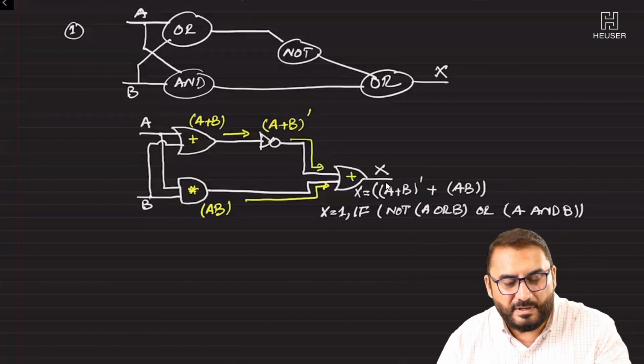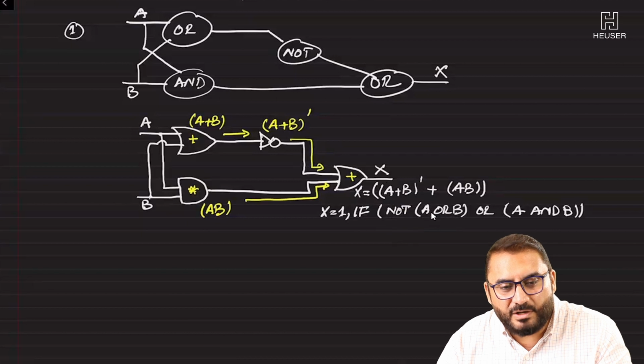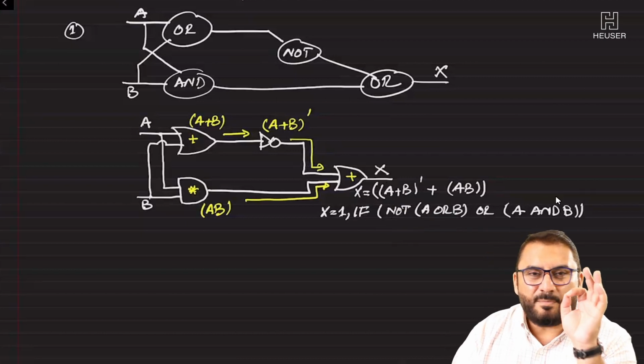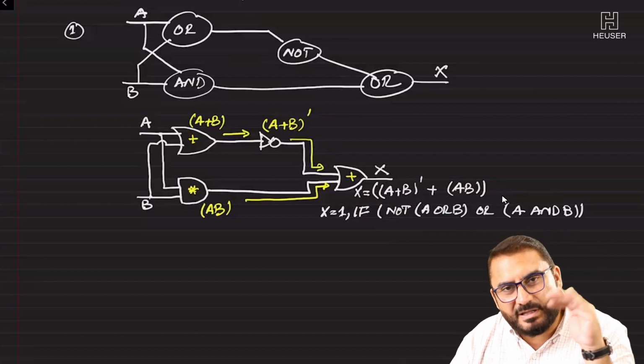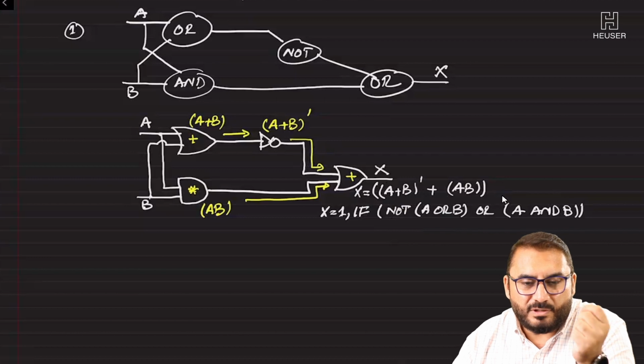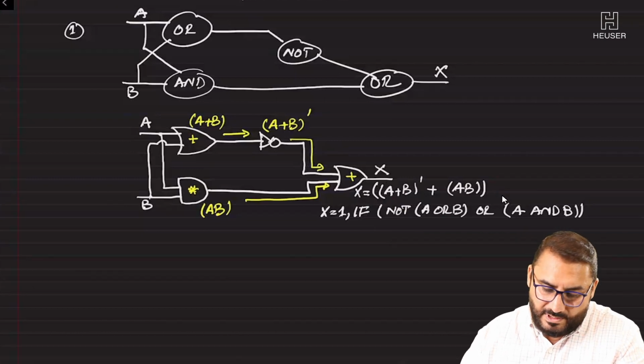So you can see yourself A or B whole NOT, which in the expression form will be not A or B. This is OR, and this is A and B. So remember, in a logic or Boolean expression, don't use any mathematical way, or in a mathematical equation, don't use any logical way. So let's create another question.